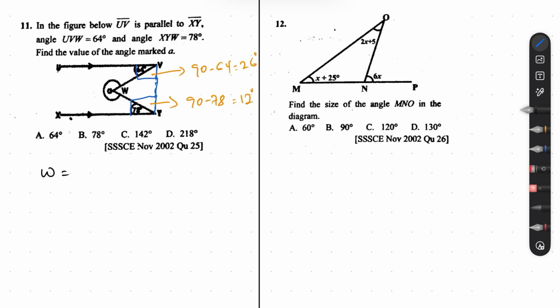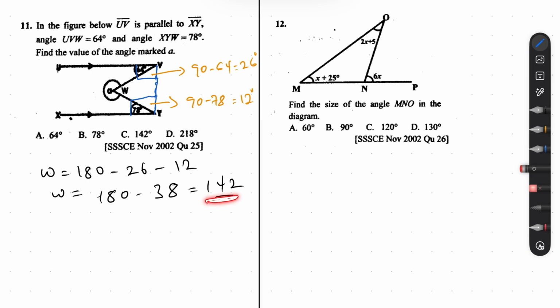W is equal to 180 minus 26 minus 12. 180 minus 38 gives us 142. So now how do you find A?